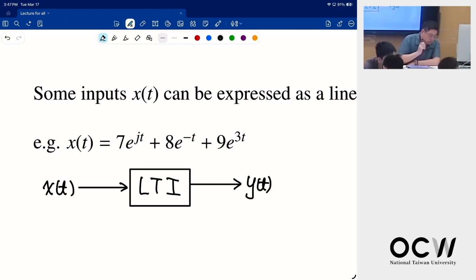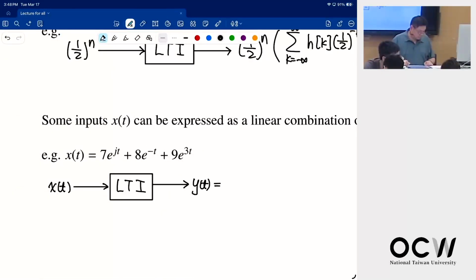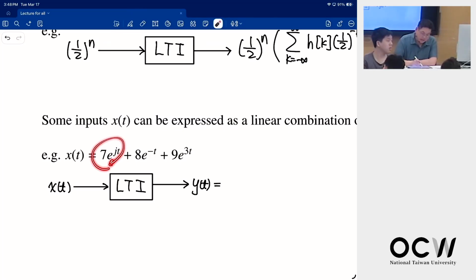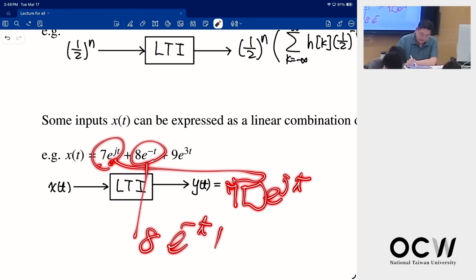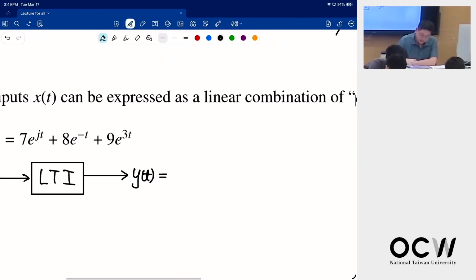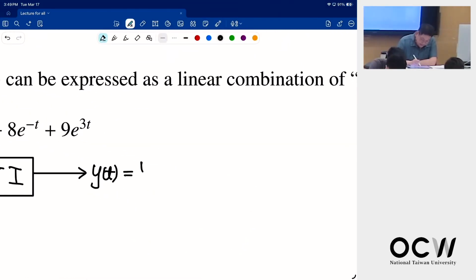For the output, since I have an input 7 times e to the jt, I expect my output should have also 7 times e to the jt times something, and also 8 times e to the minus t times something.